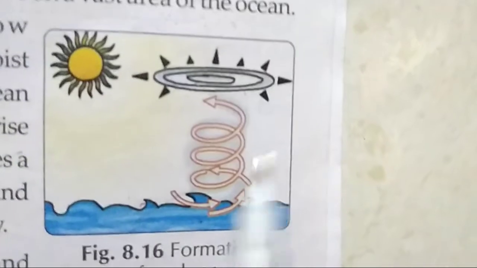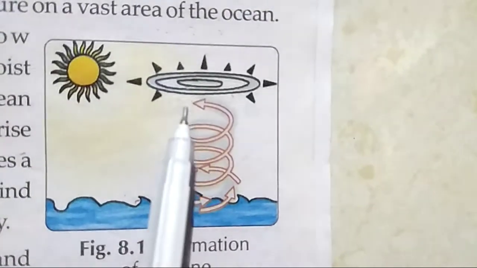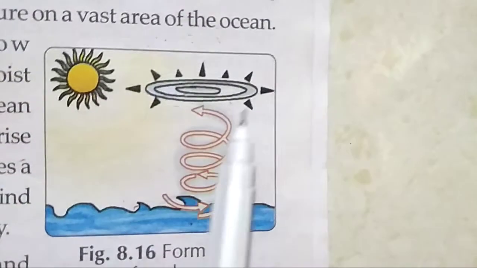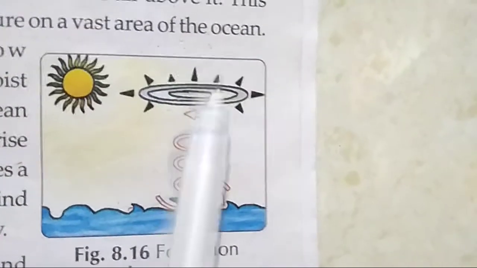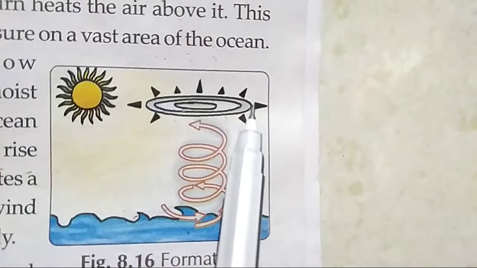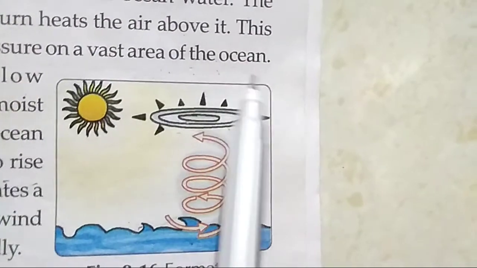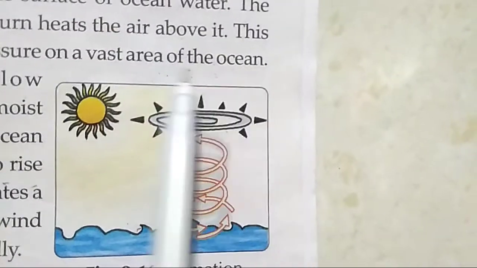We have seen that warm and moist air rises up high, cools down and converts into clouds. Then again warm air from this level rises up and again cools down and converts into clouds.